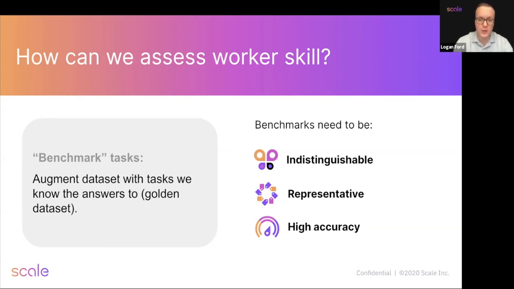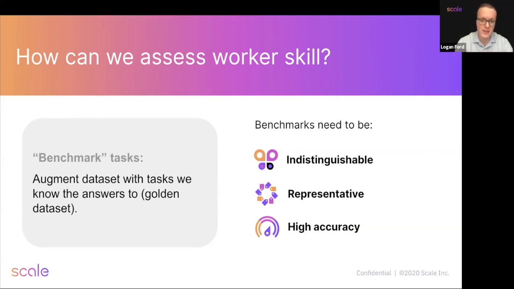And a few key qualities that our benchmarks need to have are that they have to be indistinguishable, such that our labelers are not aware that they're taking a benchmark, and such that their behavior does not change in reaction to that. They need to be representative, such that our benchmarks match very closely the task at hand, and that we cover all the cases as necessary to ensure that we actually have a good read on quality of the tasks that they're performing on.